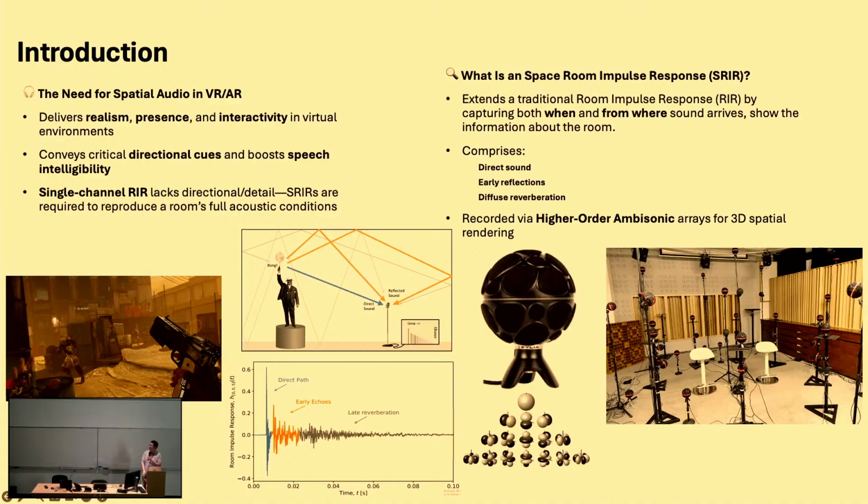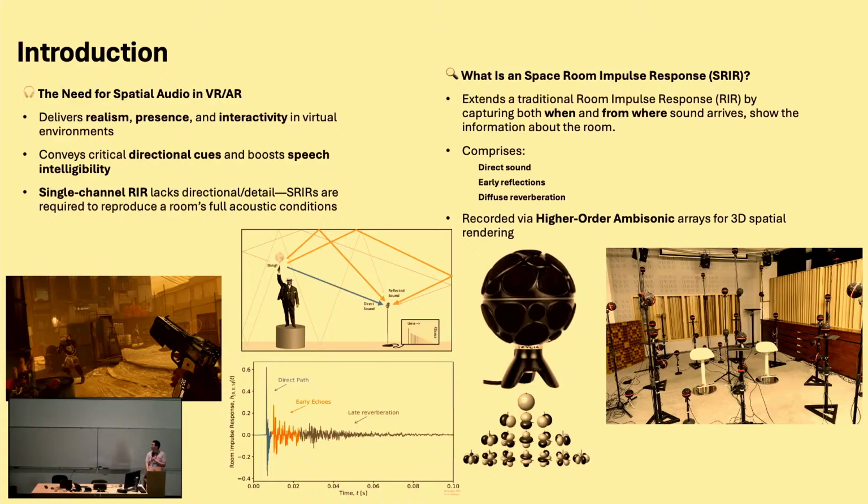In order to do this, we have the room impulse response. Many people may be very familiar with this idea. If I'm standing in this room and you are listening to me here, the sound will travel from my mouth to your ear directly, and some other sounds will bounce off the walls and reflect to your ear.